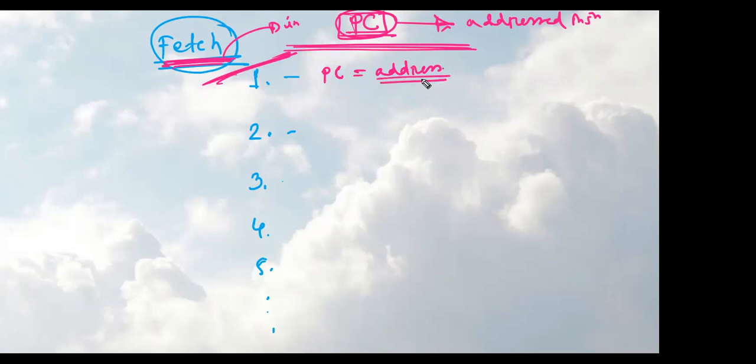Now, what am I fetching? I am fetching an instruction. I know its address, so I should fetch that instruction using the address. And this address is pointing to one location in main memory. So how could I access main memory? With the help of MAR and MBR.